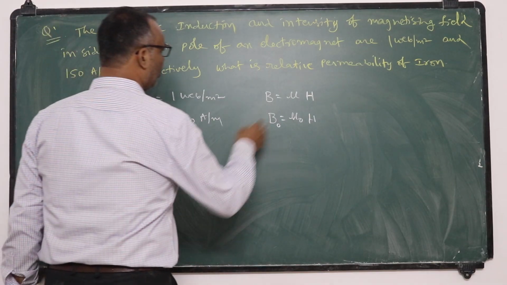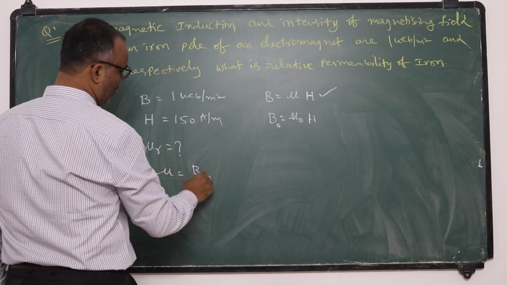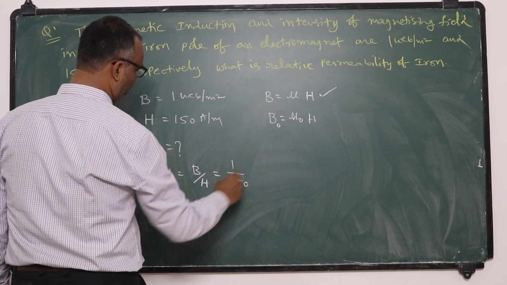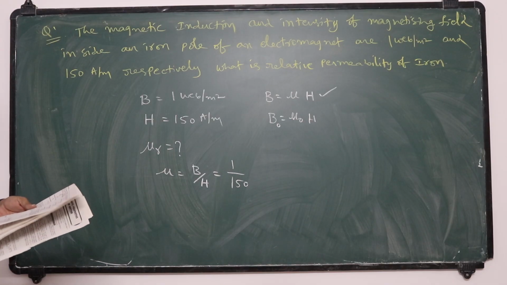So inside the material, mu is equal to B by H. So 1 by 150 is the mu value.